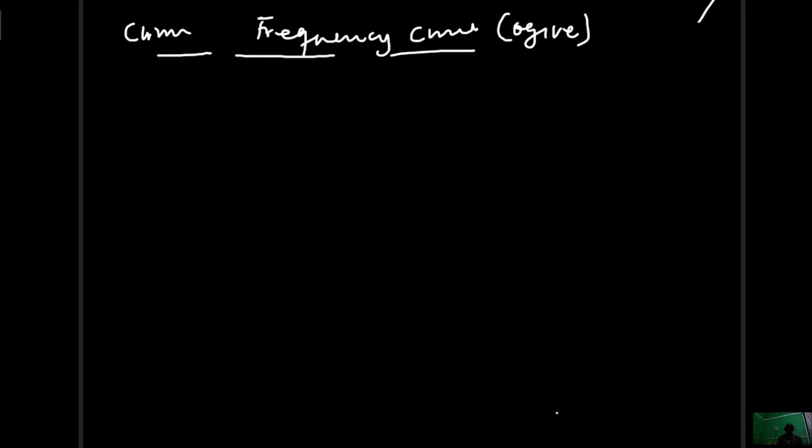To do that, we need a cumulative frequency table. So let's say we have max x and frequency. To be able to draw a cumulative frequency curve, we need to make a cumulative frequency table. So we have 1, 2, 3, 4, 5, then we have 3, 6, 4, 10, let's say 15.